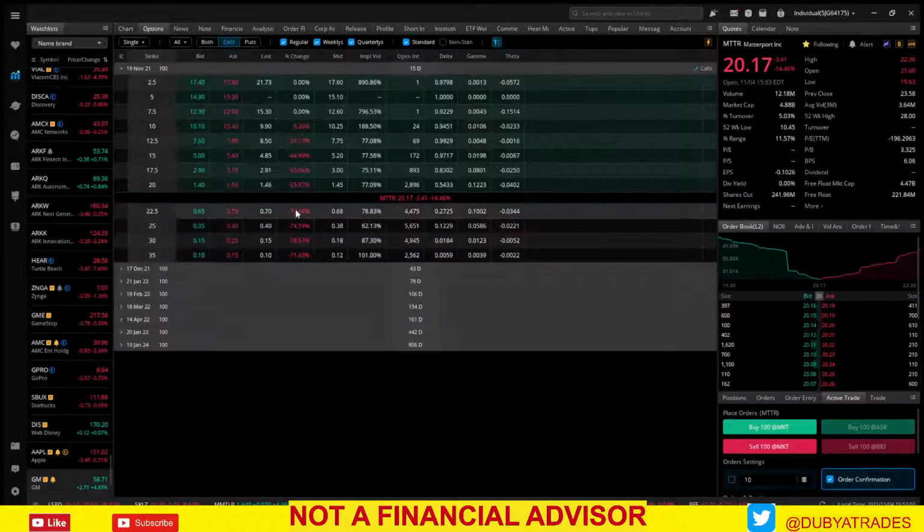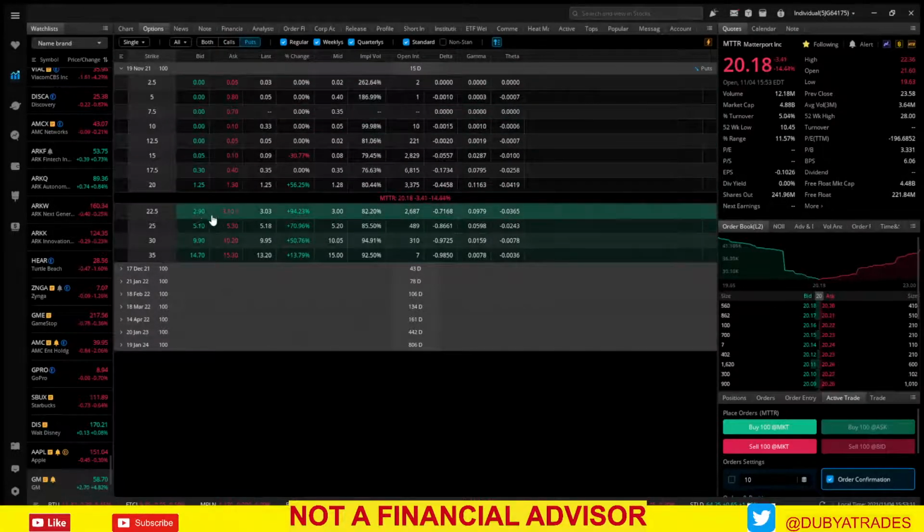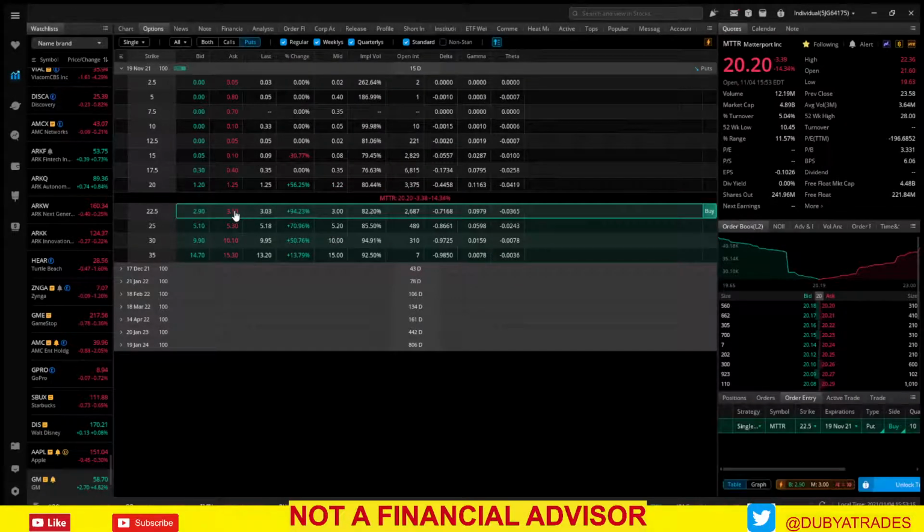So let's go to the options. Let's go to puts. Let's go to 1 into the money because it would have been up higher. So we want to go here. Look at it on the chart. Let's go out to the 15-minute chart. And let's go back to right here.